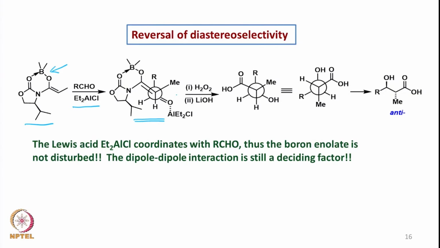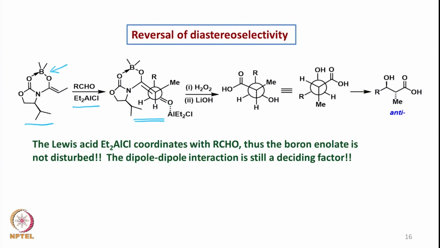If that happens, then we have such a situation, and as we can anticipate, the carbonyl group would be away from this particular enolate, or this particular double bond, to allow the dipole-dipole repulsion to be less. Therefore the perfect orientation of this group would be somewhat like this, where R, H and ketone would be oriented in this way, that is our carbonyl group will be oriented in this fashion.